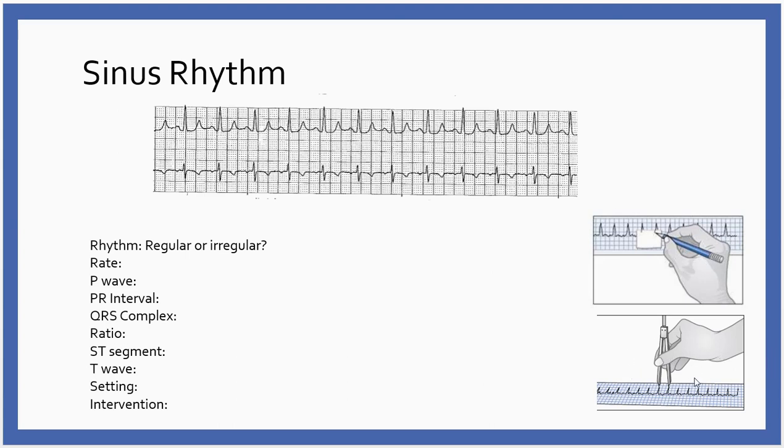So what we used to use, and they're still kicking around, are calipers. You see here they've marked from beat to beat, and then they take the calipers and keep dropping them to make sure that it marches all out. What you can do, and I can't really show you here unfortunately, is take a piece of paper, something bigger than this, and line it up so that you can mark.